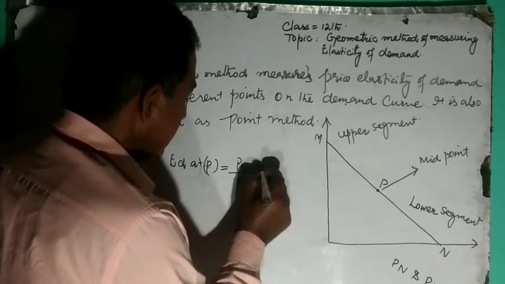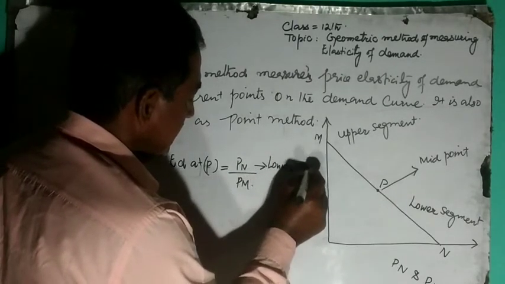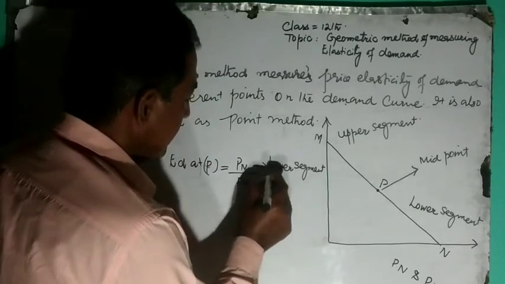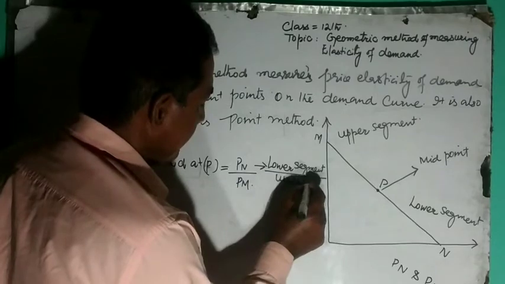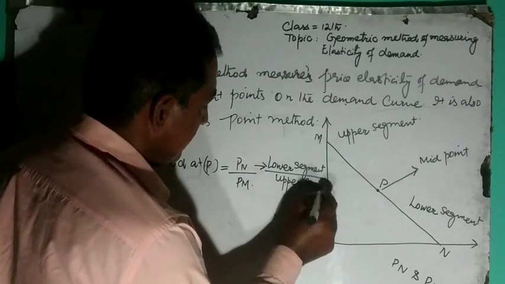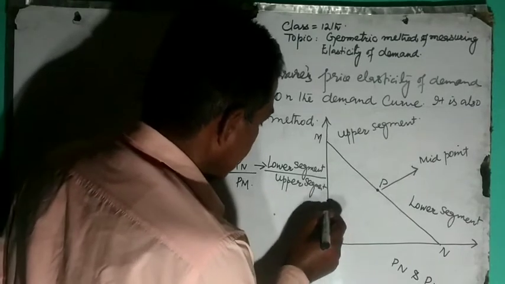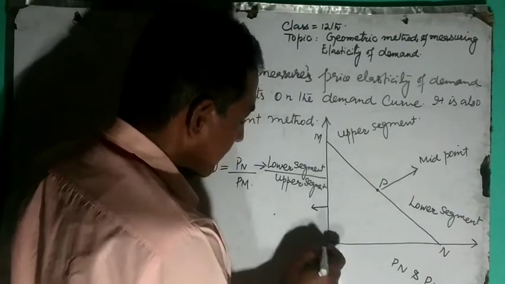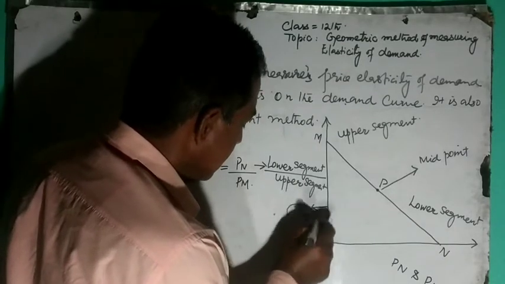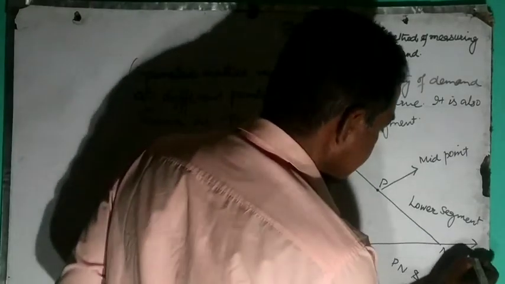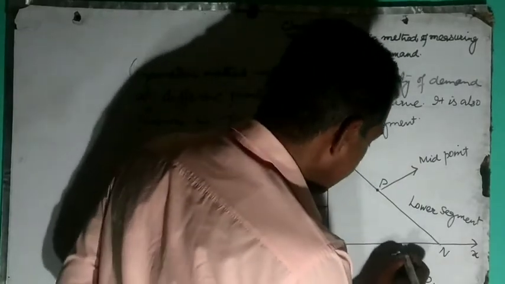This is lower segment divided by the upper segment. On y-axis we measure the price and on x-axis we measure quantity demanded.